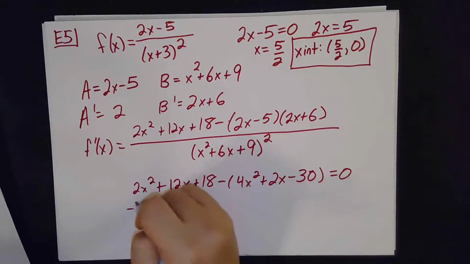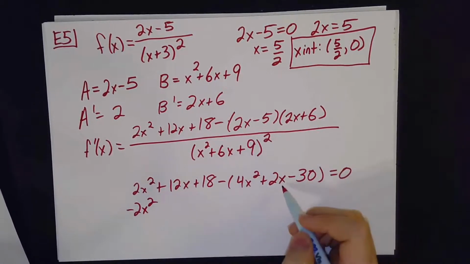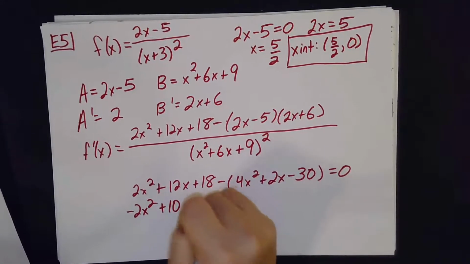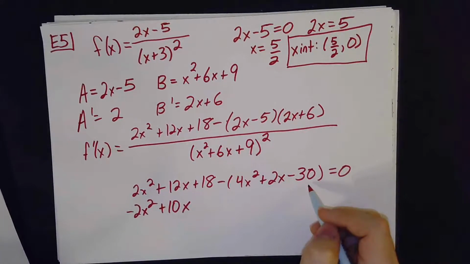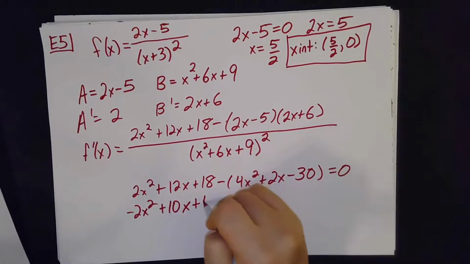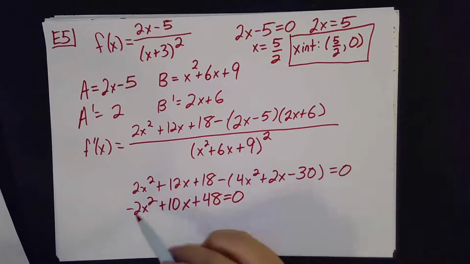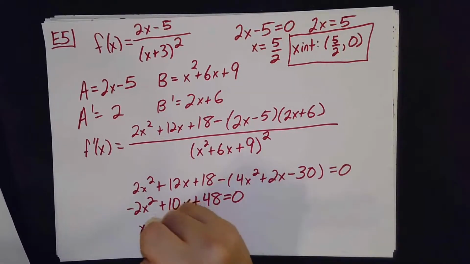This will be minus 2x squared plus 10x plus 48. And I can divide everything through by minus 2.